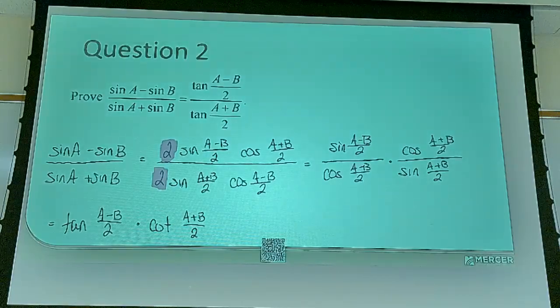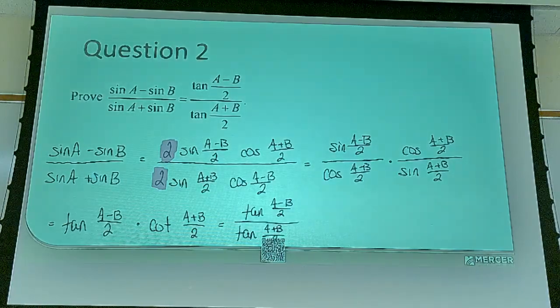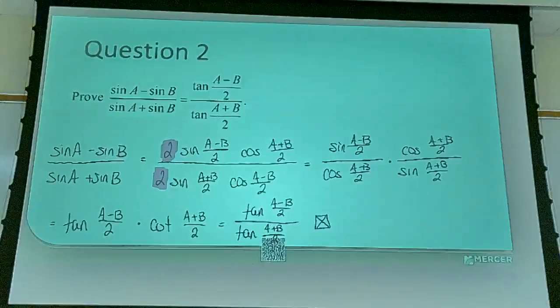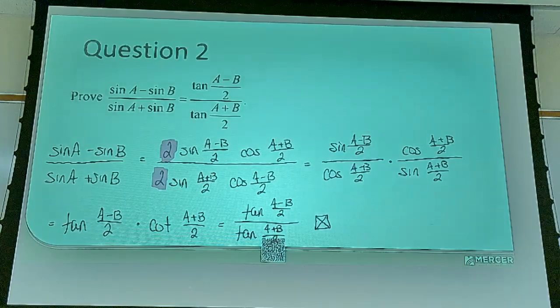Right, secant is 1 over cosine, cosecant is 1 over sine, cotangent is 1 over tangent. Tangent of A minus B over 2 over tangent of A plus B over 2, as desired.